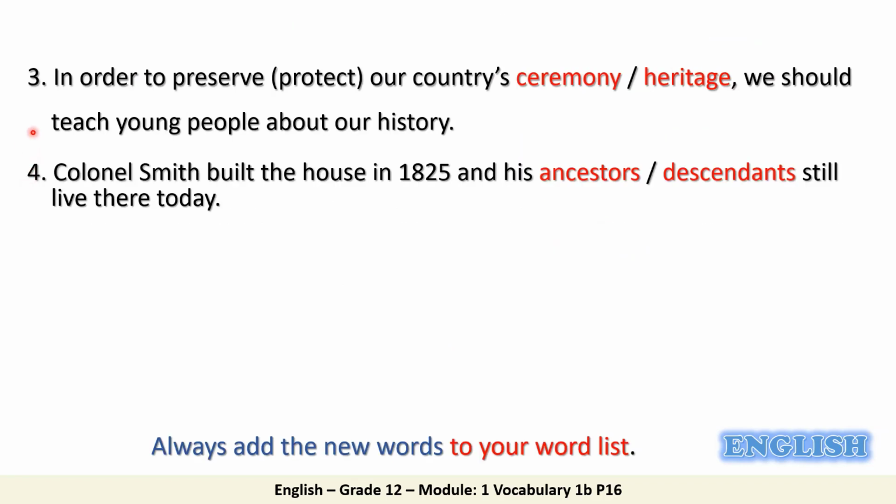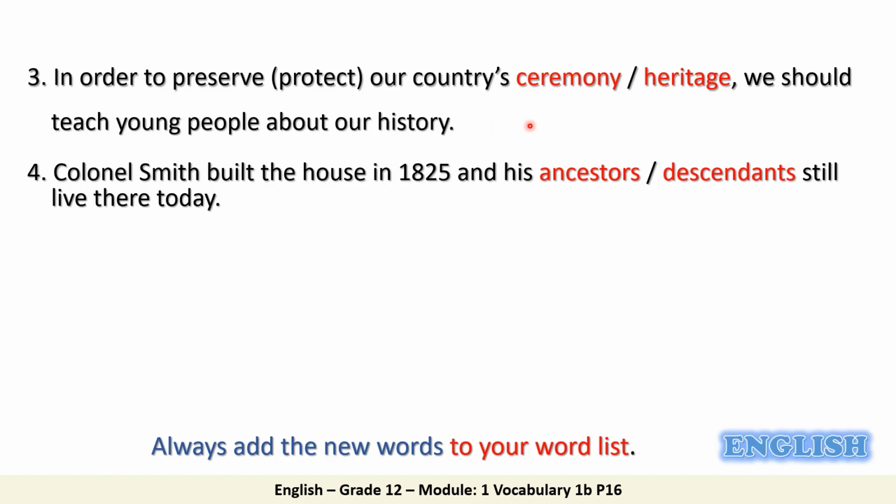Here you need to do the same with questions 3 and 4. Pause, use the dictionary, and then follow the video. Number 3, in order to preserve. Preserve means to protect. In order to protect our country's ceremony or heritage, we should teach young people about our history.